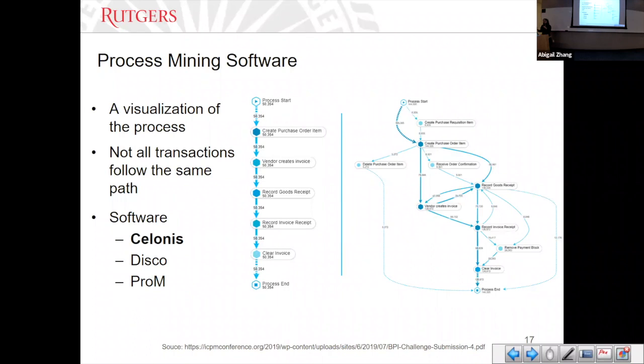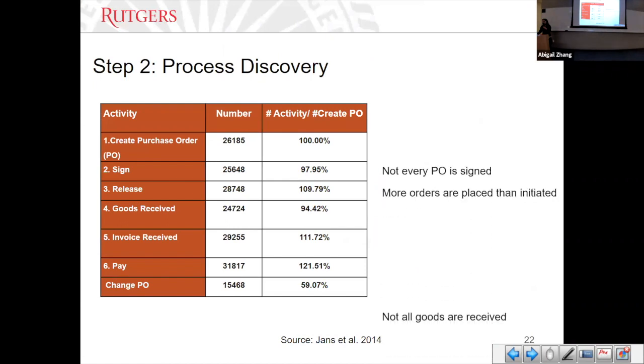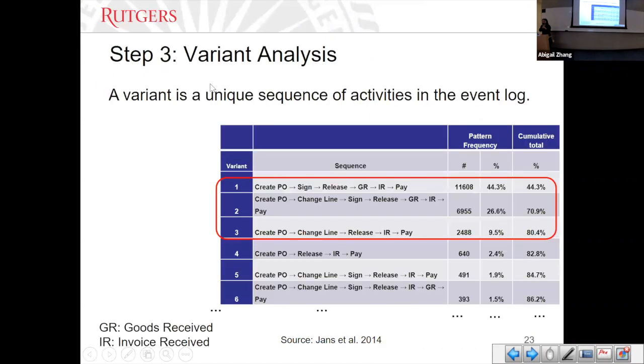In short, a variant is just a sequence of activities. Okay. I think last time when we talked about process mining, we had a table of this variant analysis. As I said, a variant is just a unique sequence of activities that a transaction can go through.